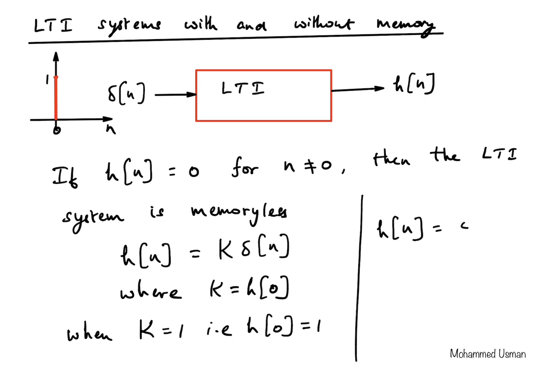The response h of n is equal to delta of n. So when the input is delta of n, we get an output equal to delta of n. So that's called an identity system, and that occurs when k is equal to 1. So when k equals 1, the output is equal to the input, and in that case we call it an identity system.